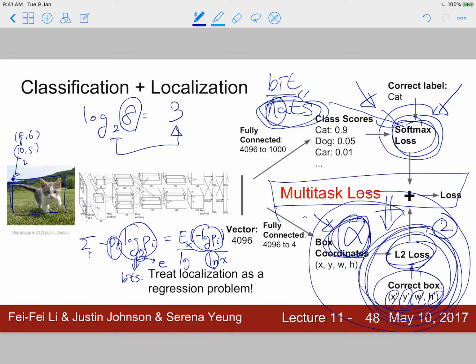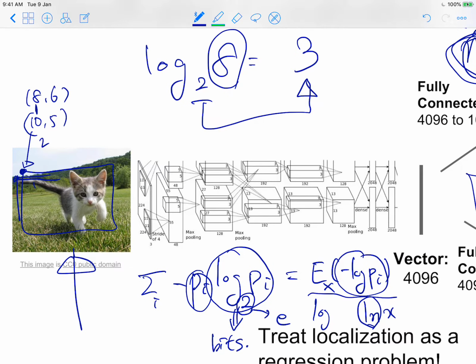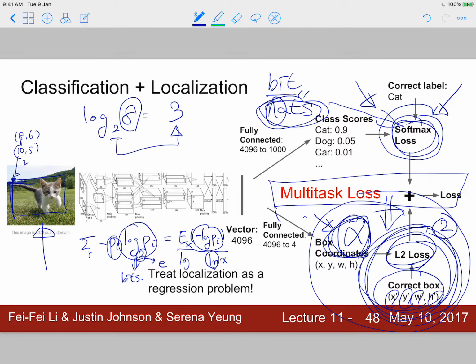But if we just sum them up in the squared form and take the square root of it, it will give us an idea about the average error that we are making in predicting, at least for the training data, in terms of number of pixels, when predicting this point and the width and height.